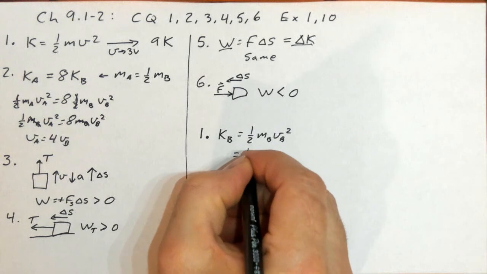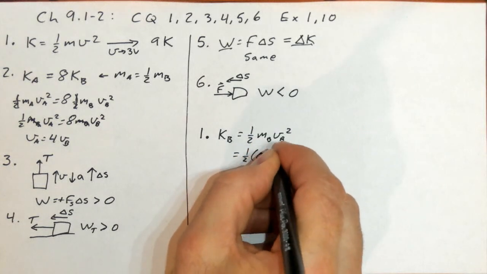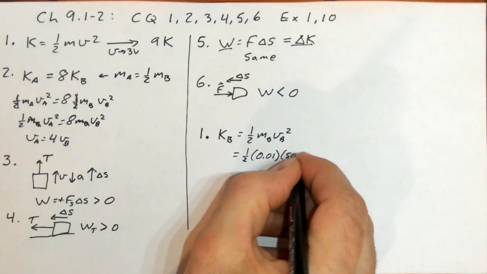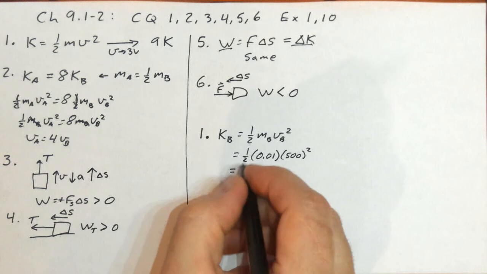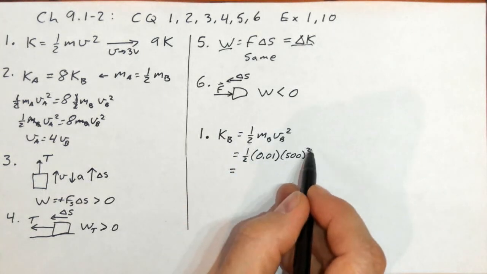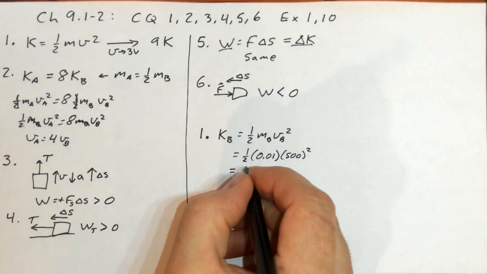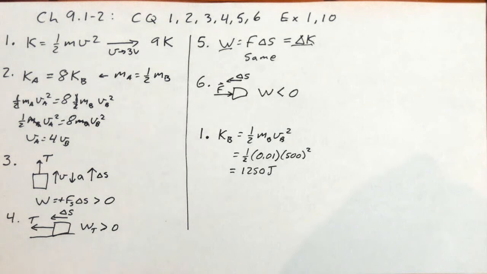You plug that all in, 1/2 times the 0.01 kilograms times the 500 meters per second squared. Okay, the very small mass is compensated by a very large velocity, which is squared, and you end up with 1,250 joules of kinetic energy.